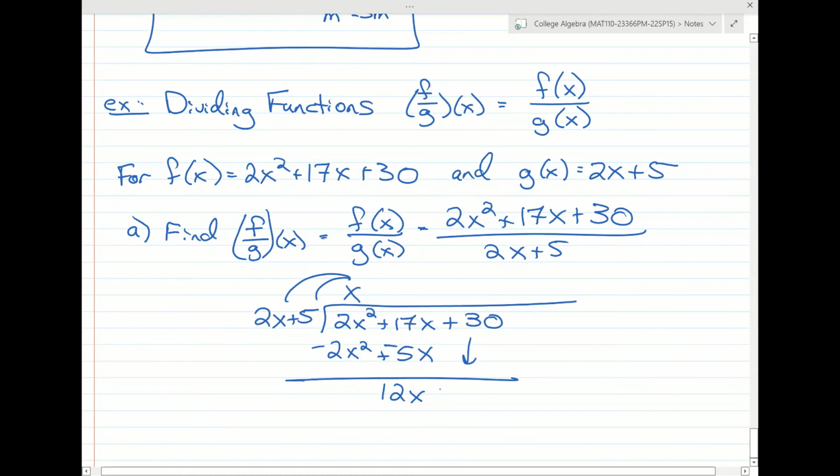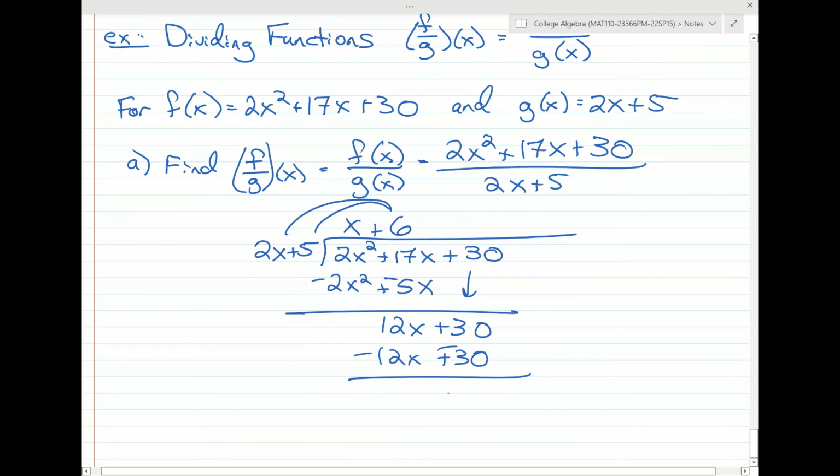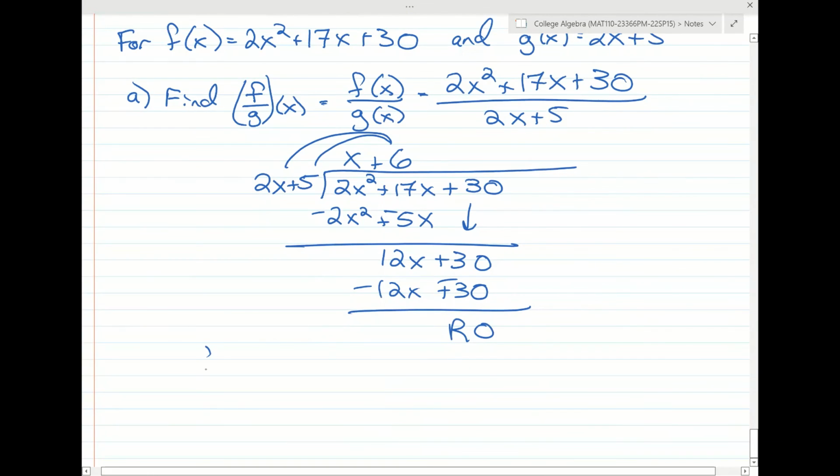And bring down the 30. 2x times what is 12x? The answer is 6. And 6 times 2x is 12x plus 30. So when we subtract, we get a remainder of nothing. So we just figured out f over g of x is equal to x plus 6.